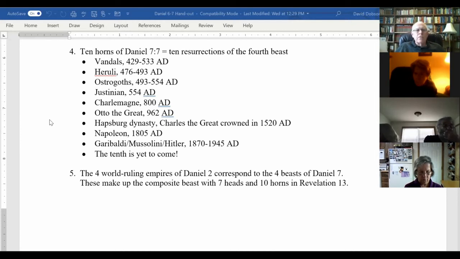Now, in one of the earlier handouts, actually the first handout, point number 3, I had a number of bullets where it points out the book of Daniel does not follow just logically, chronologically. It skips around back and forth. So with chapter 7, we're in the first year of Belshazzar.